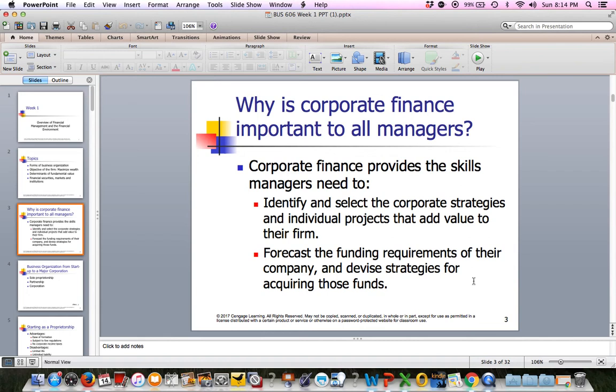But once we identify those opportunities, the role of finance is to figure out how we pay for those. Do we find bank loans? Do we sell more stock? Do we issue bonds, or some combination thereof, to raise the funds needed for expansion and growth and to meet the strategic decisions we want to make down the road?